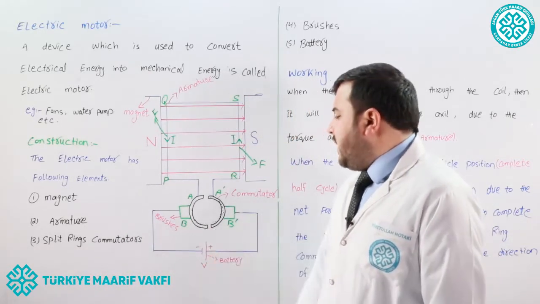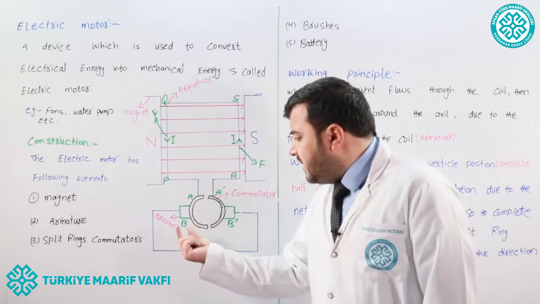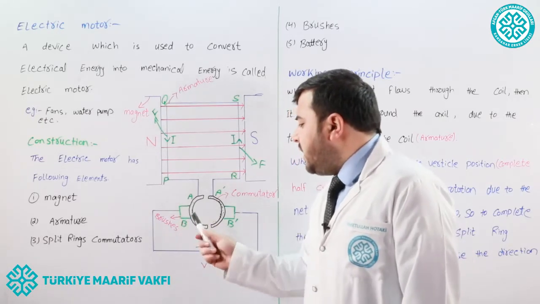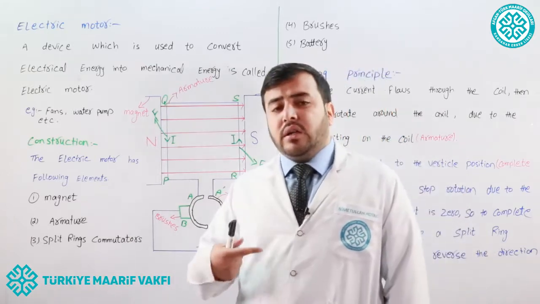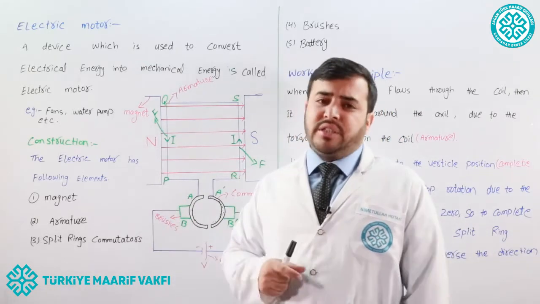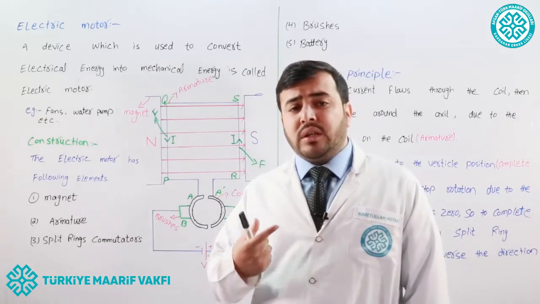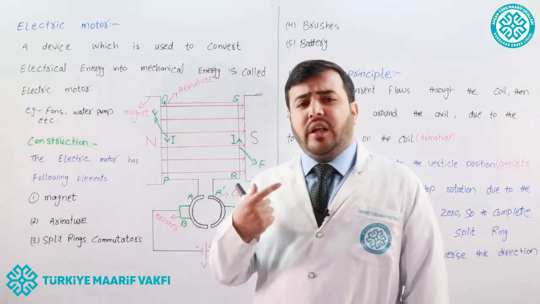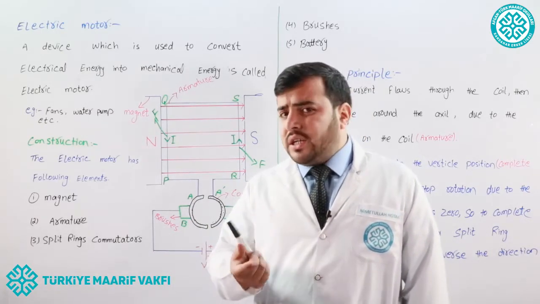In the figure, one side of the split ring is represented by A and the other one is A dash. The function of this split ring is to reverse the direction of the current. We use these split rings in electric motors to reverse the direction of the current.